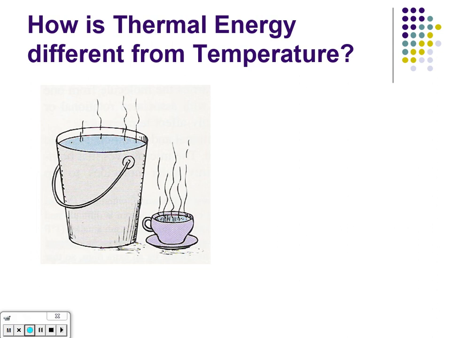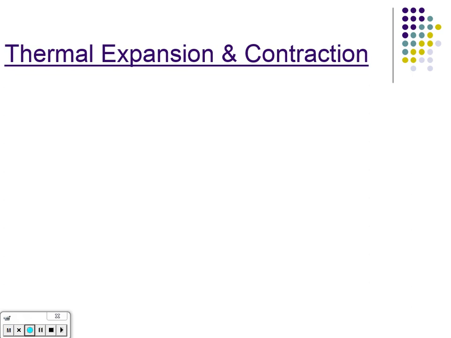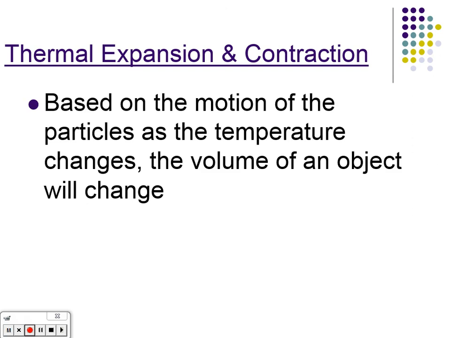All right, good with the difference between thermal energy and temperature? Okay. All right, so thermal expansion and contraction, right? Hopefully this one doesn't take too long. When things get warmer, generally what happens to their volume? It increases. When things get cooler, it decreases, right? So based on the motion of the particles and temperature changes, the volume of an object will change.